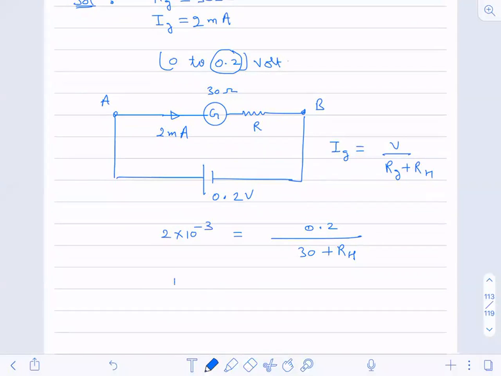So Rh value will become 0.2 divided by 0.002 minus 30.